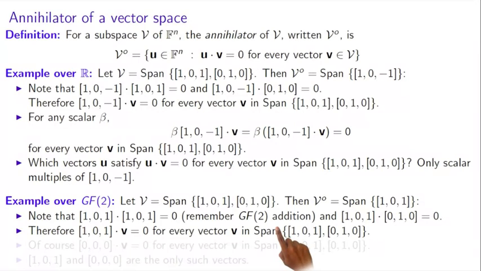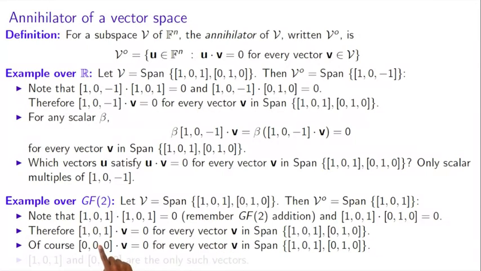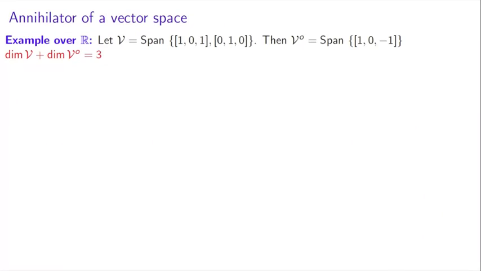Now, what other vectors have a zero dot product with all the generators of V? Well, the zero vector has a zero dot product with those vectors, but that's it. Those are the only two vectors, and that shows that this is really the annihilator of V.